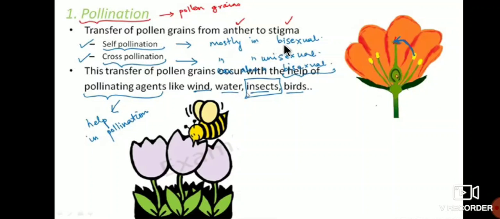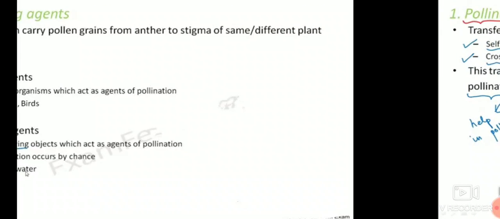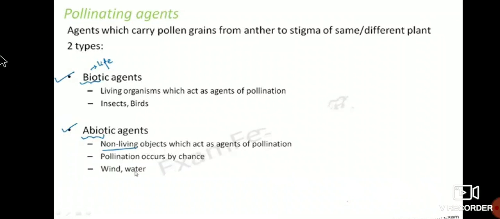Self pollination happens in bisexual flowering plants, and cross pollination in unisexual flowering plants. Pollination is the transfer of pollen grains with the help of pollinating agents. The pollinating agents are birds, insects, wind and water.